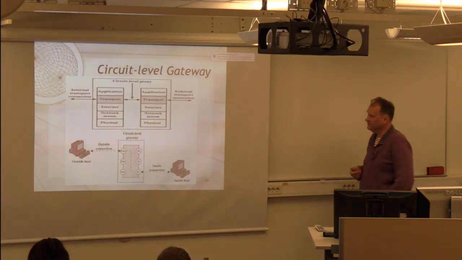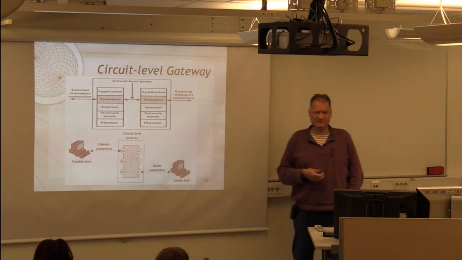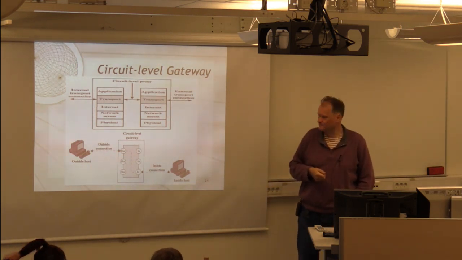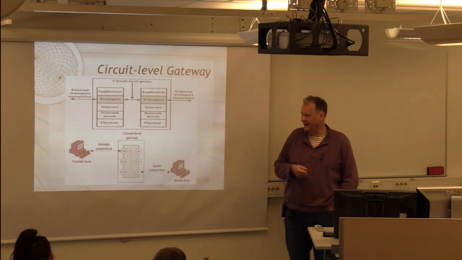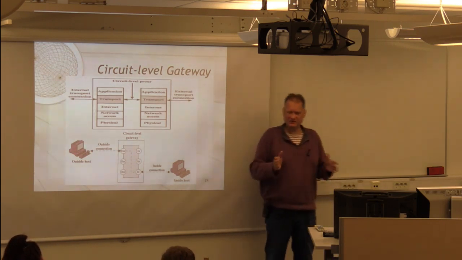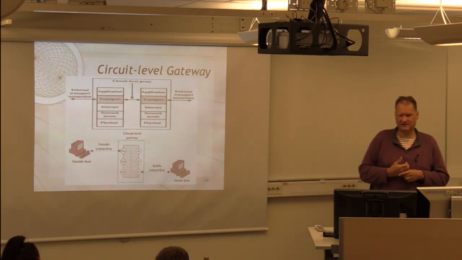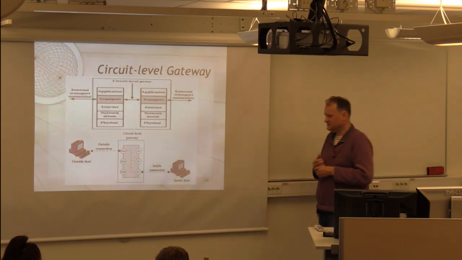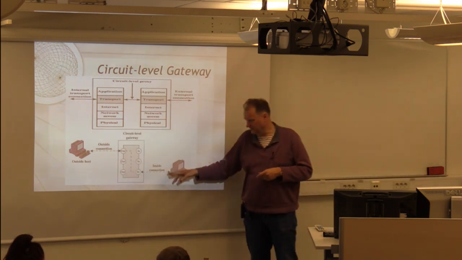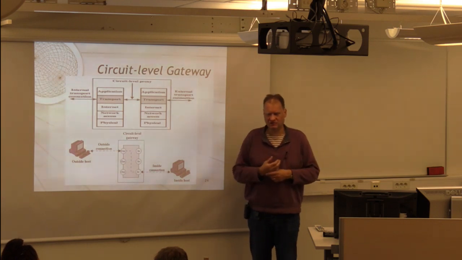So circuit level is, as you see, working again on the transport level. And the idea with it is really to isolate you from anyone on the outside. So the idea is that you on the inside here, you initiate the connection. You say, I would like to have a session to a certain computer somewhere.